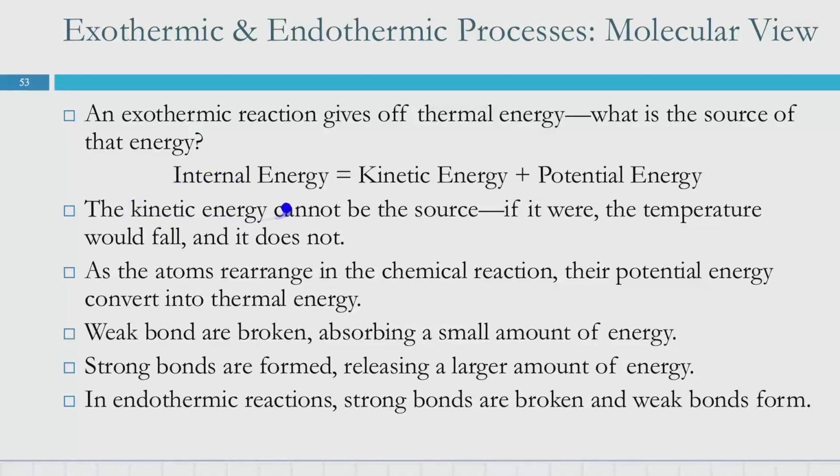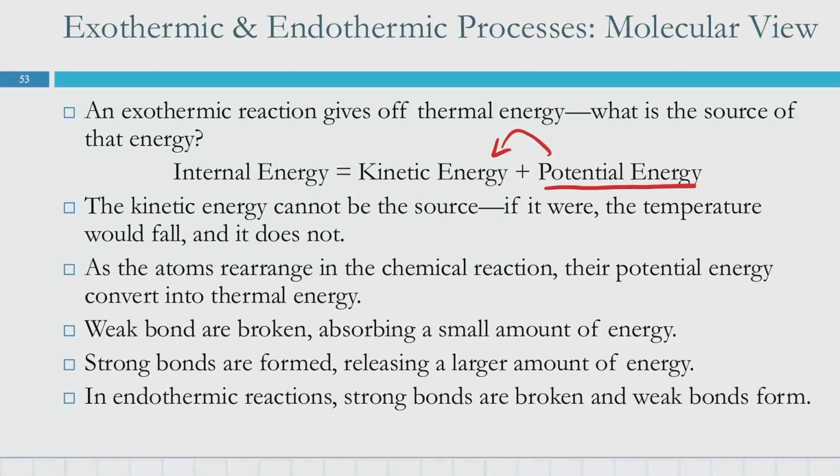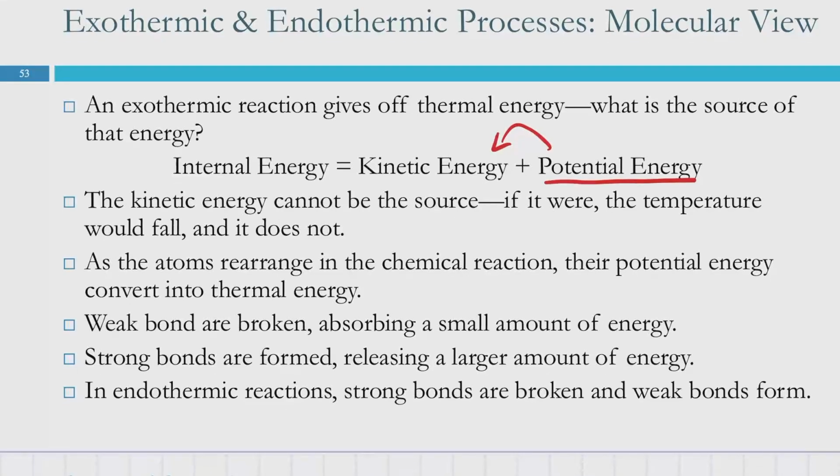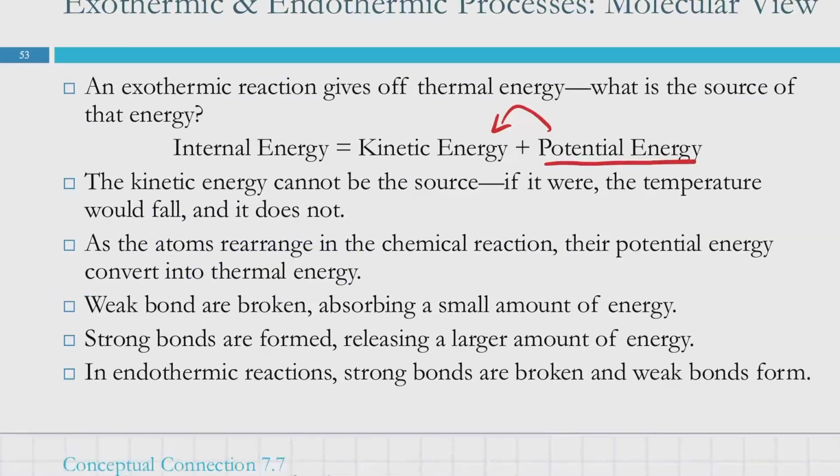So if kinetic energy were the source, the temperature would fall, and it doesn't. The temperature actually goes up in an exothermic reaction. So the source of the energy is potential energy. We're converting potential energy into kinetic energy, into thermal energy. That potential energy of the way the atoms are arranged, chemical potential energy, gets converted into thermal energy.